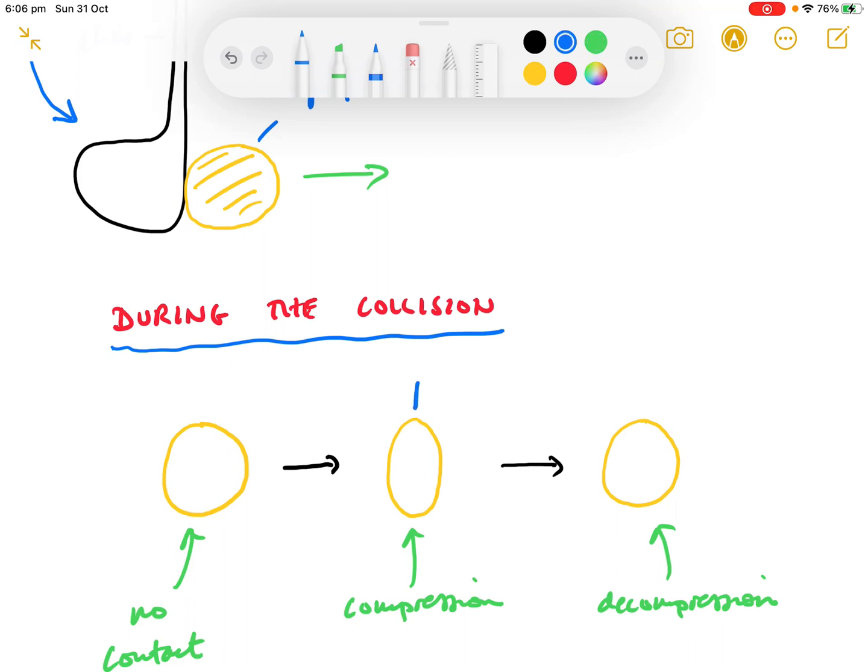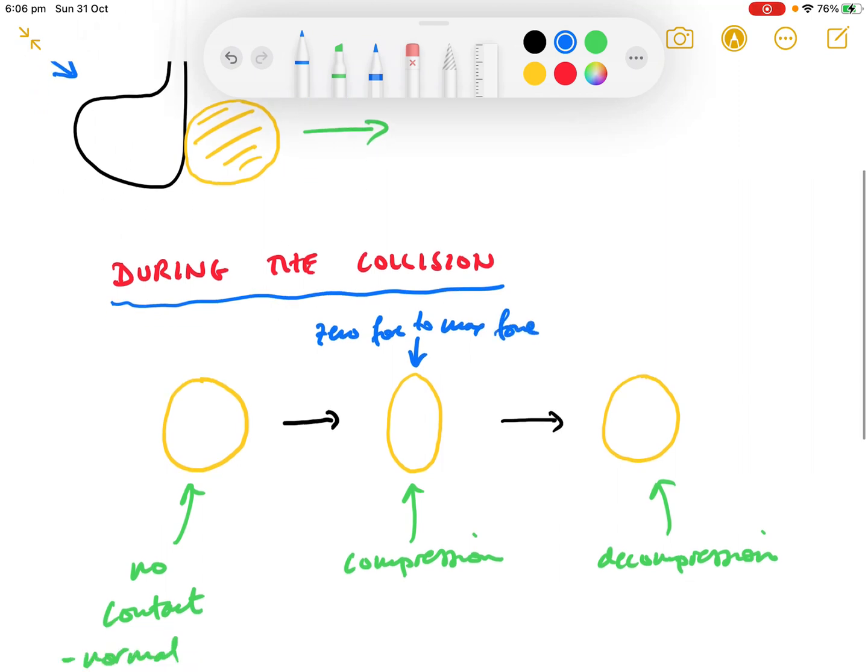So at this point we're going from 0 force to maximum force. Once you reach maximum force, the ball starts decompressing, and we're going in the second diagram from maximum force to 0 force.